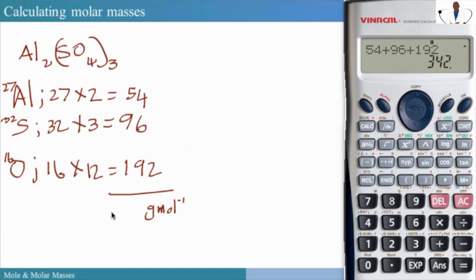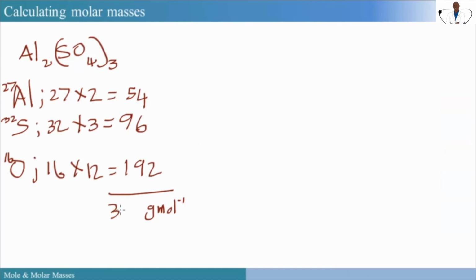So the molar mass of aluminum sulfate is 342 grams per mole. Other examples, you can work on your own by combining any cations with any anions and working out the molar masses using the mass numbers in the periodic table.